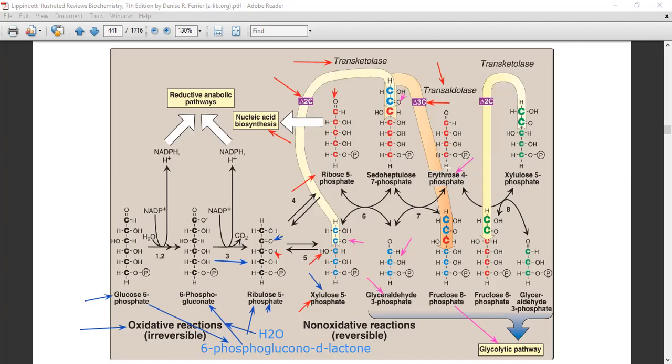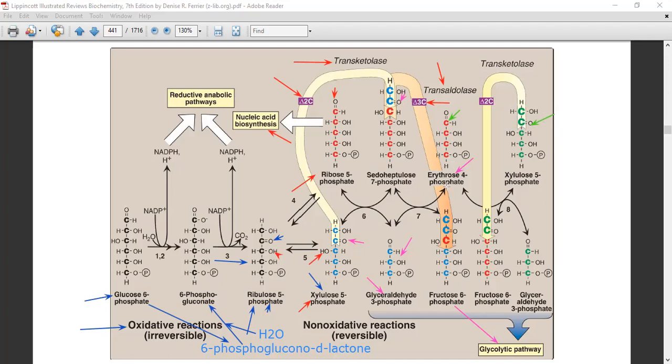So let's look at this erythrose. As you can see, this is an aldose sugar here, but this is a keto sugar. So 2 carbons will be transferred from the xylulose 5-phosphate to erythrose 4-phosphate. So 4 plus 2, 6.